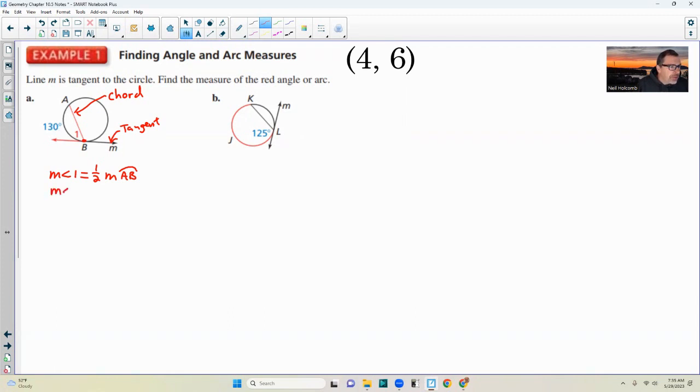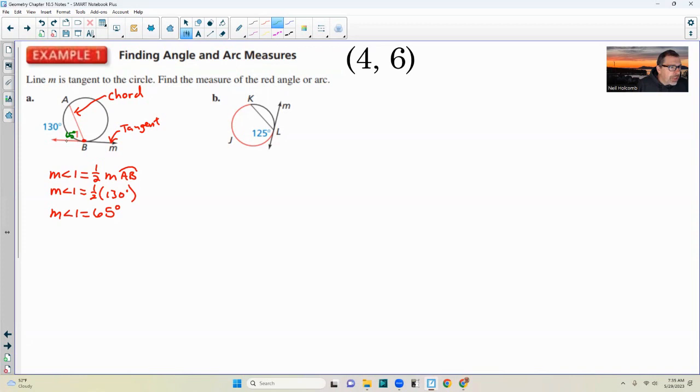So now I substitute my givens. The measure of angle 1 equals 1/2 of AB, which is 130 degrees. Half of 13 is 6, with a remainder of 1, half of 10 is 5. So the measure of angle 1 is 65 degrees. I want to take this one step further. Once you find one, and it's breaking the circle into two pieces, you can find everything else.